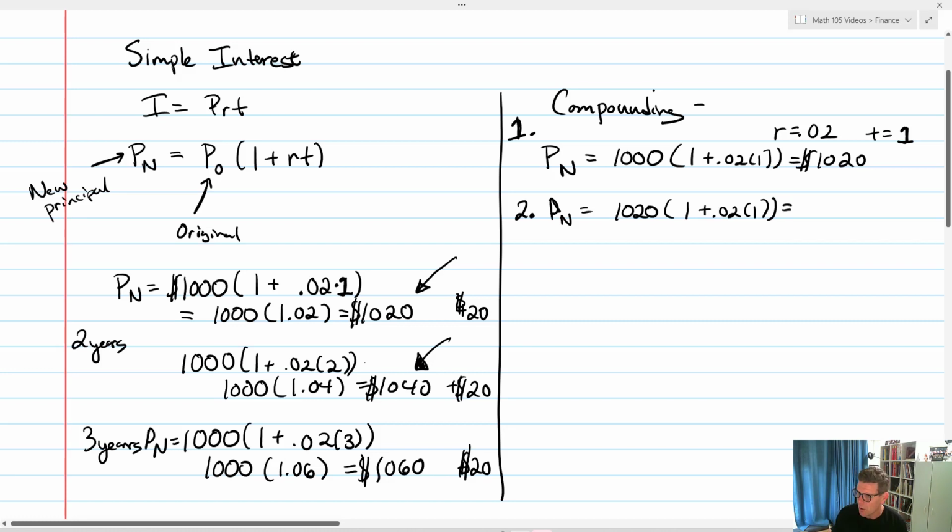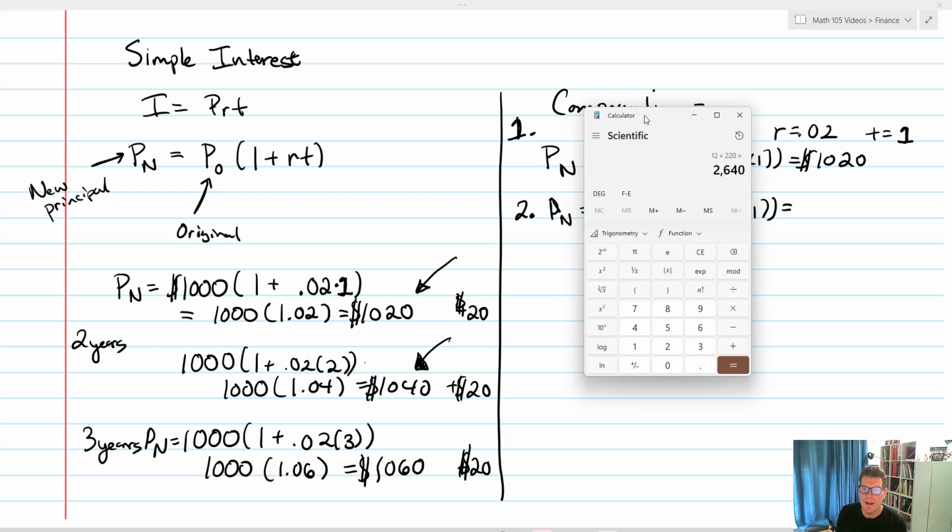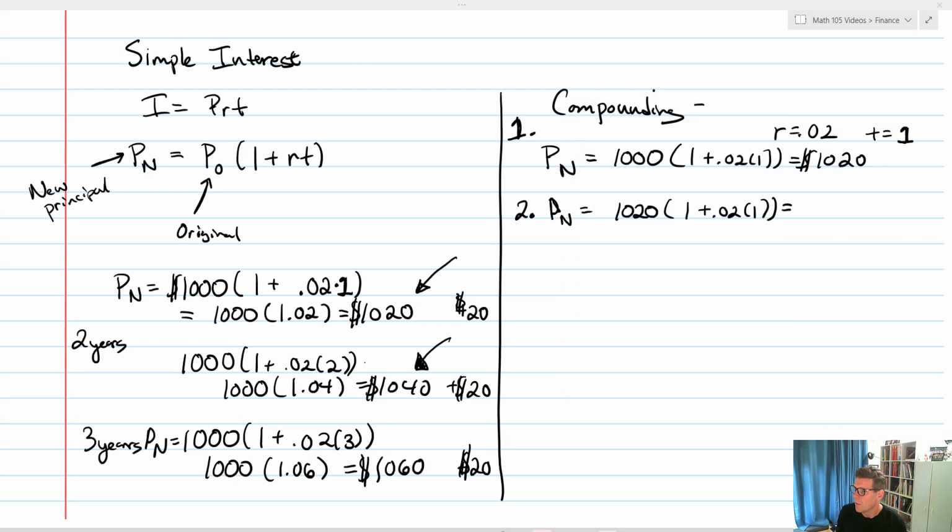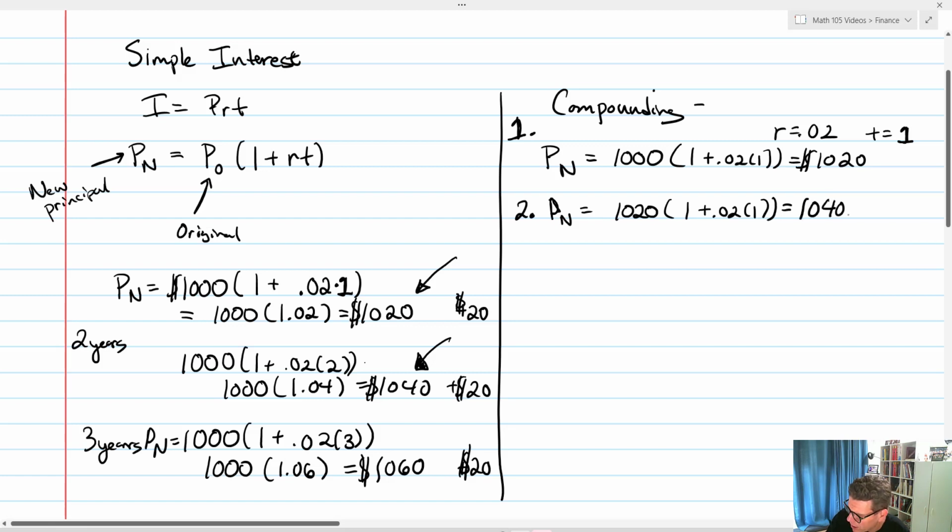That's going to give me a new amount of money: 1,020 times 1.02, and that's $1,040.40. So I actually now have made more money than I did previously. Notice that this is 1,040 and 40 cents.